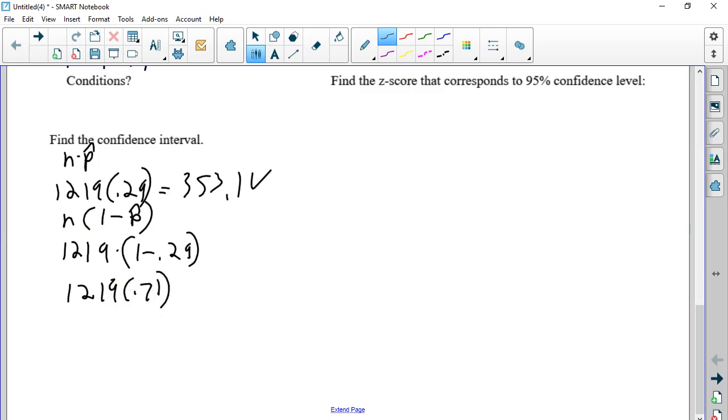So 1219 times 0.71 is 865.49. Well, that's definitely bigger than 10 also. So our conditions have been met. Now, find the z-score for a 95% confidence level. Well, that's going to be 1.96.